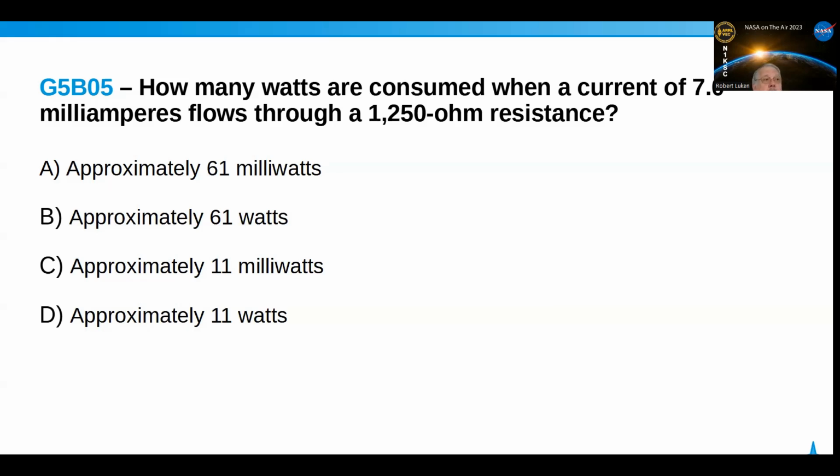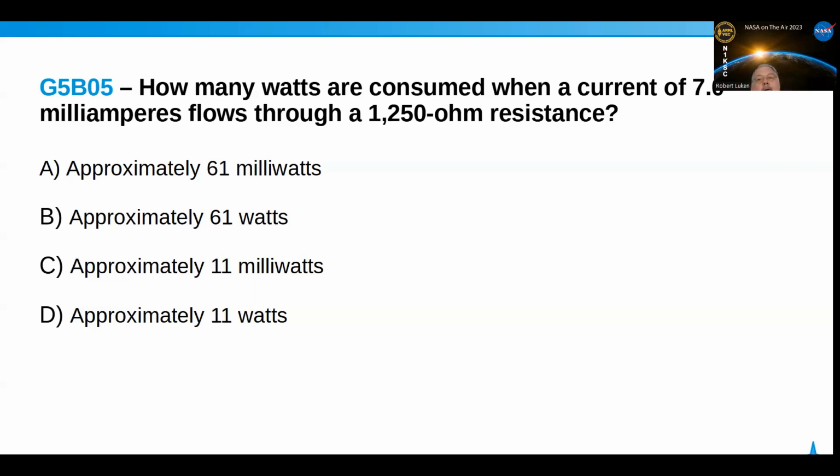So the formula is what? Power is equal to I squared R. So if you square 7 milliamps times 1,250 ohms, that would be the answer. It's easy if you've got a calculator. If you're going to do it in your head, what do we do?